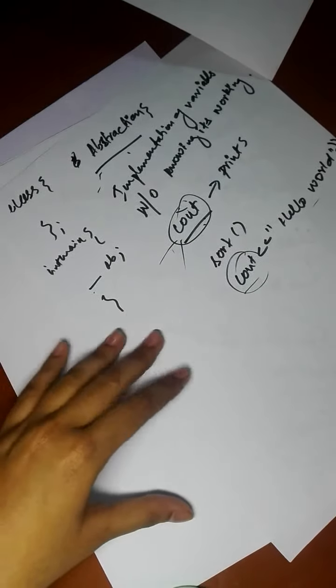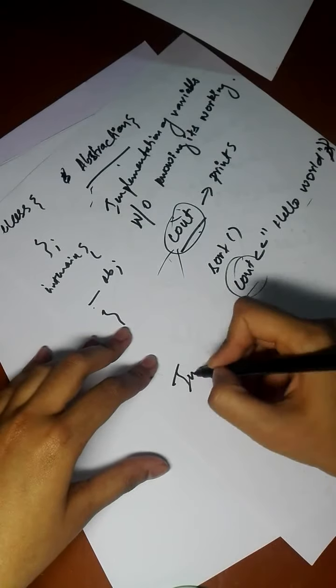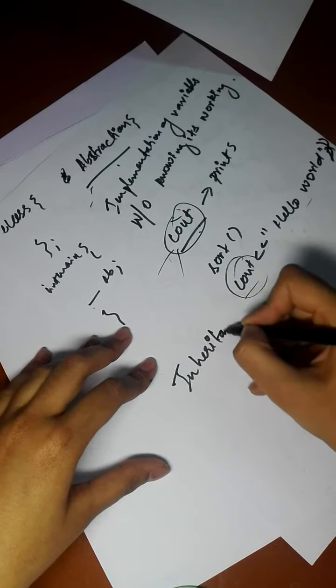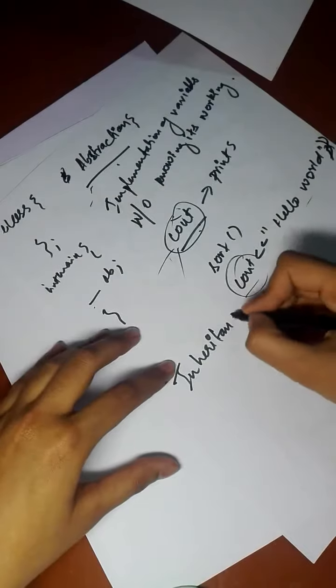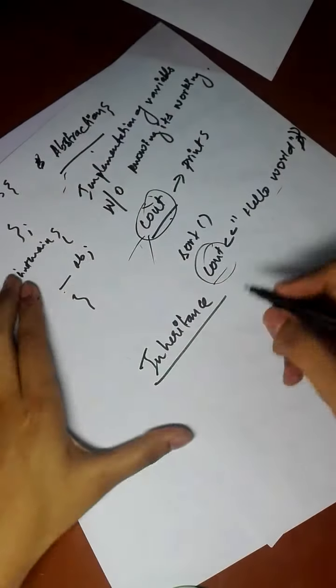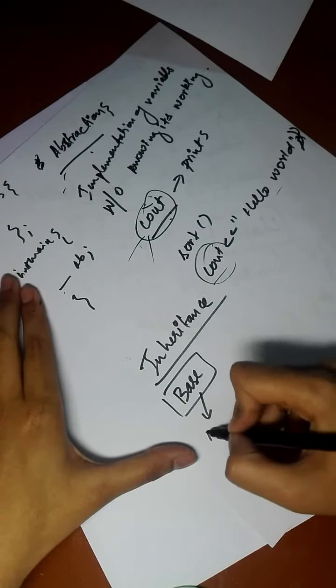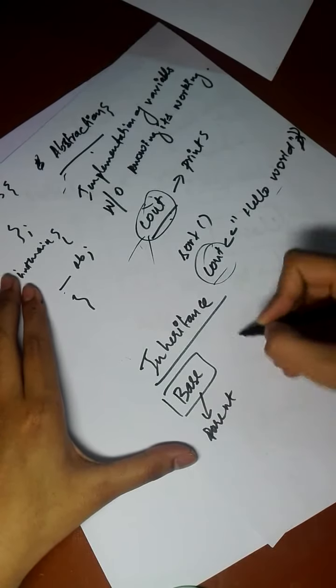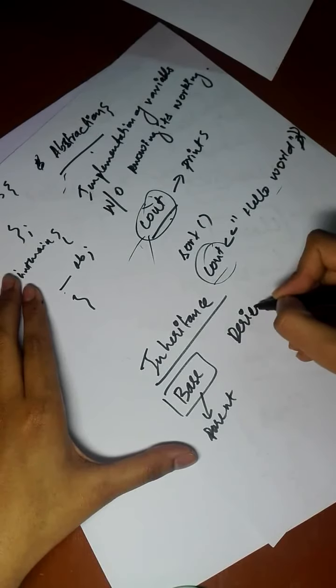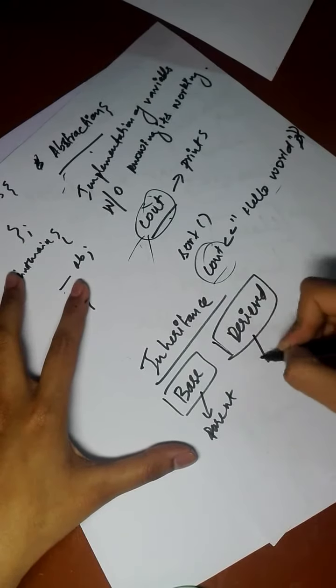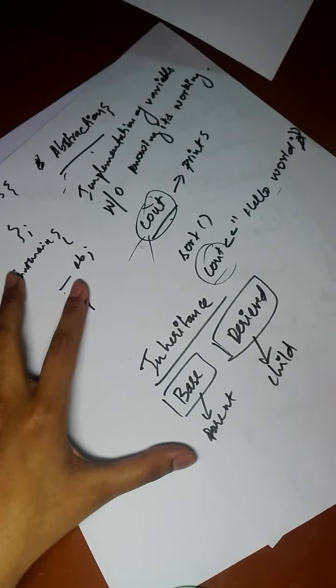Inheritance and polymorphism are comparatively very easy to understand, where inheritance basically means adopting the functions or variables of one class into another. There's a base class, which can also be called the parent class, and then there's a derived class, which can also be called a child class.